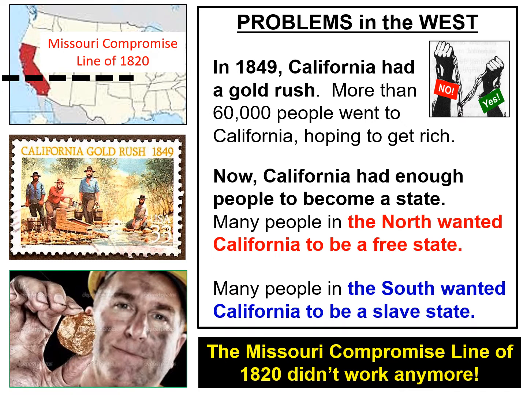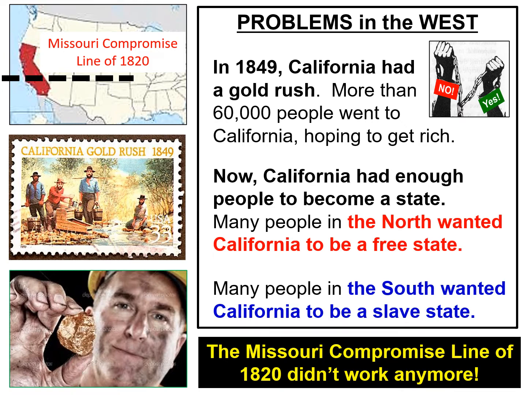If you said California is above and below the line, I like the way your brain works. The issue is California is above and below the Missouri Compromise line of 1820. Now, people in the North said California needs to be a free state. But people in the South said California needs to be a slave state. Well, the Missouri Compromise doesn't work anymore.